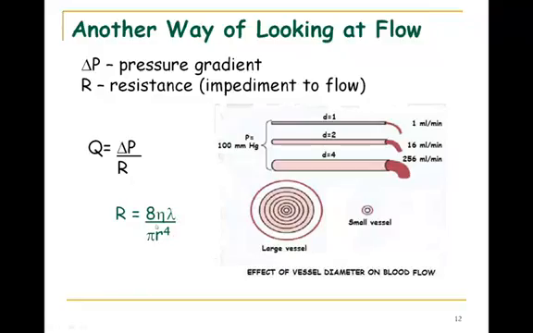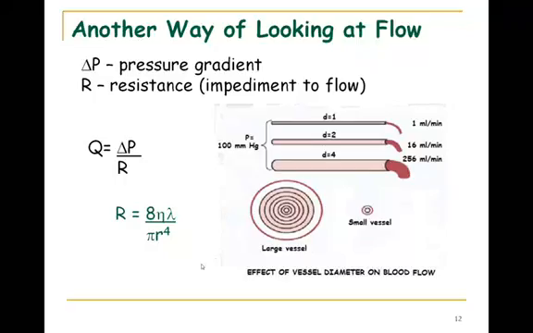The radius of the tube, if you increase radius, that decreases resistance, and so flow increases. The biggest component of your vessels that provides resistance is the friction along the vessel walls. So if you increase the diameter, you have less friction along those walls.